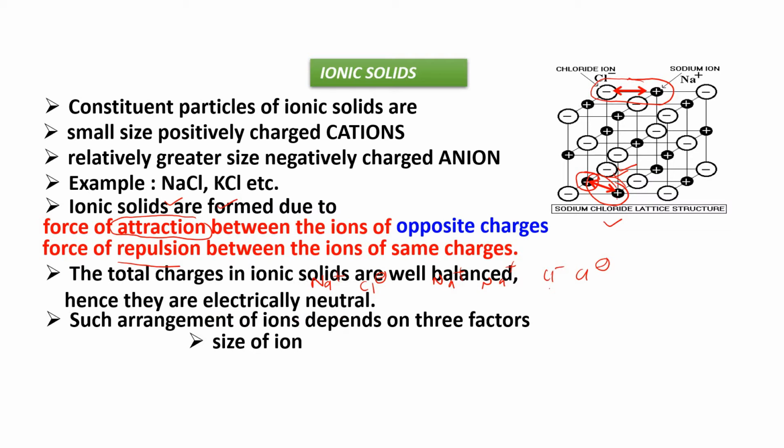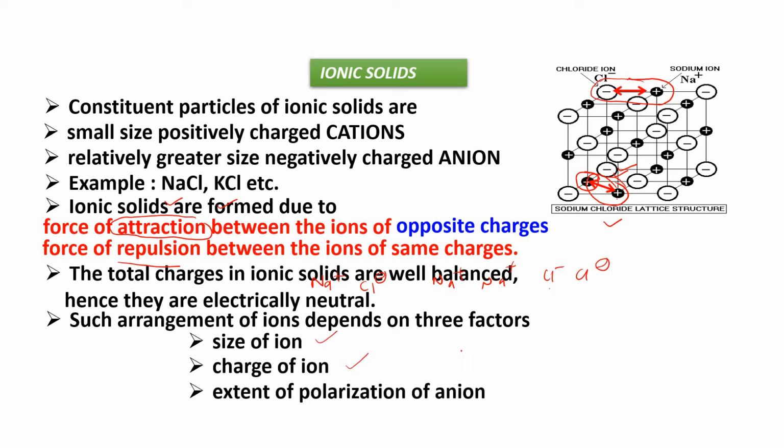So the arrangement of cations around an anion and anions around a cation depends upon three factors. One is the size of the ion. Second is the charge of the ion. And the third one is the extent of polarization of the anion, isn't it? How much it is polarized, that also matters.